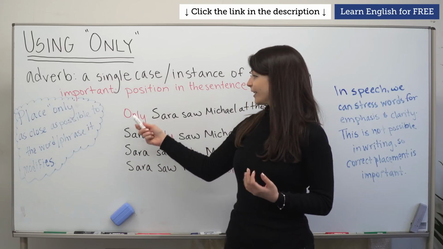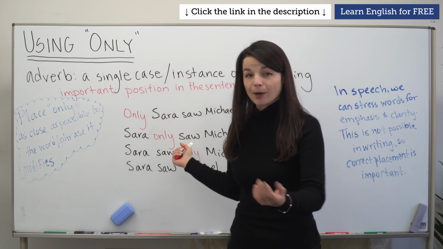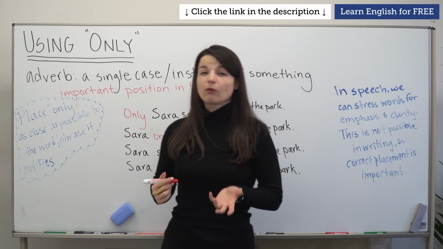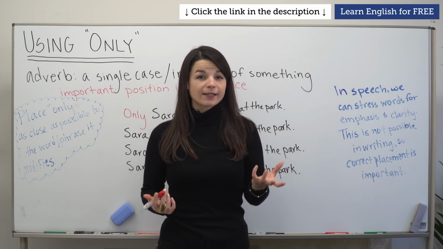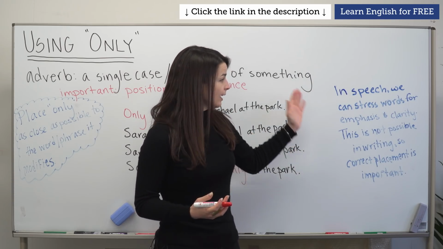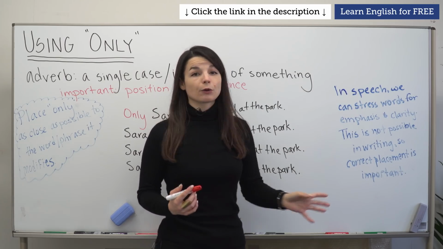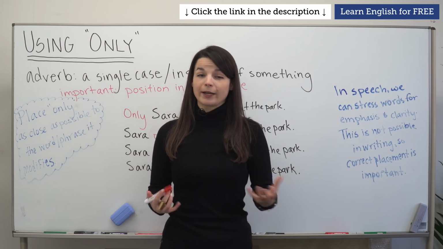So for example, I can say, only Sarah saw Michael at the park, or Sarah only saw Michael at the park. So with your voice, you have the ability to emphasize certain words and certain phrases in the sentences. However, in writing, it's not possible to do this, so correct placement of the word only is quite important.